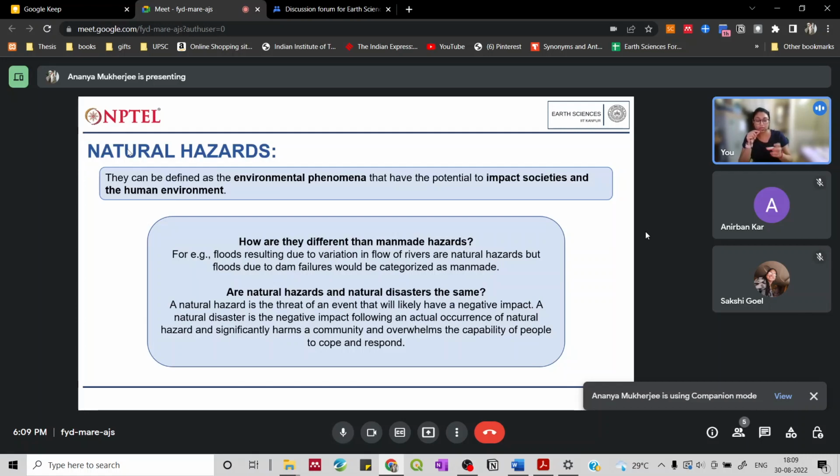When a disaster happens, it will significantly harm the community and the society around that area, and sometimes the people can cope with it very easily, sometimes they cannot. So the extremity of the disaster also depends on how well prepared the government or the institutions of the affected area are.